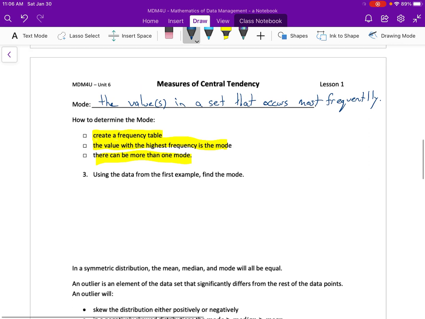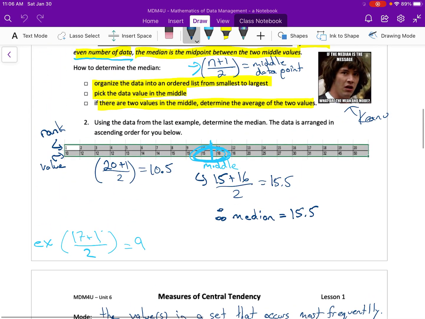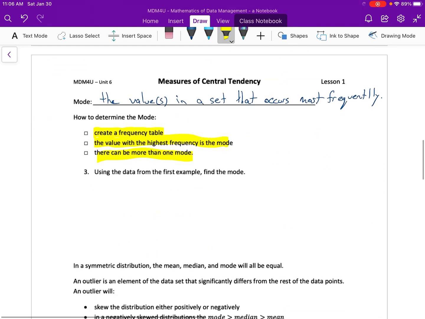So if you look at the data set from the first example, find the mode. Well, they're arranged kind of here for us. I'll just delete this part. I can look, and I believe 15 occurs 3 times, and also 12. So you can see here 12 and 15 occur 3 times.